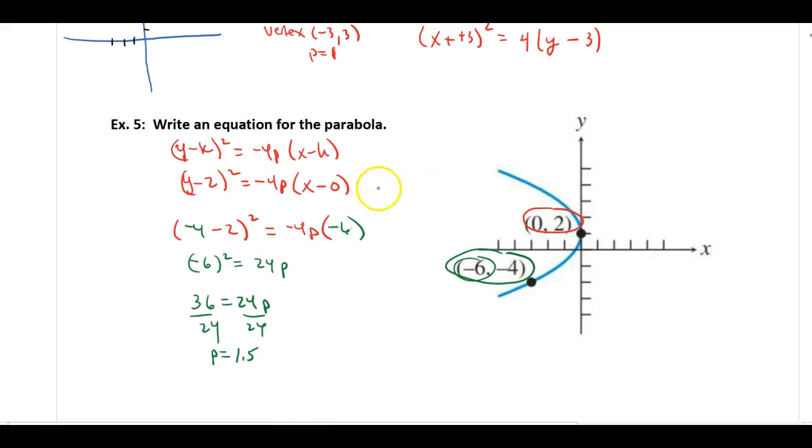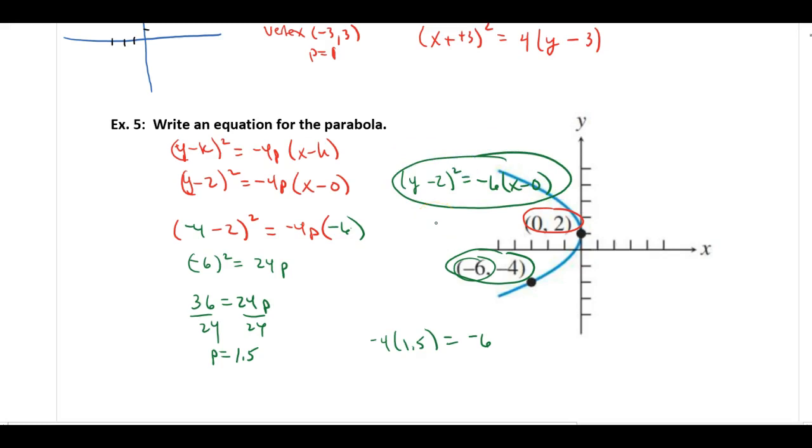So now I can go and plug everything back up here. It's going to be (y - 2)² equals -4 times 1.5, which gives you -6. So it's -6 times (x - 0), or just x. And there's my equation.